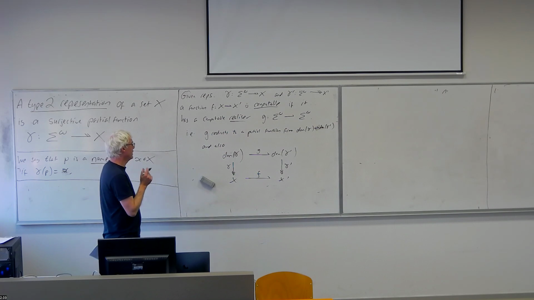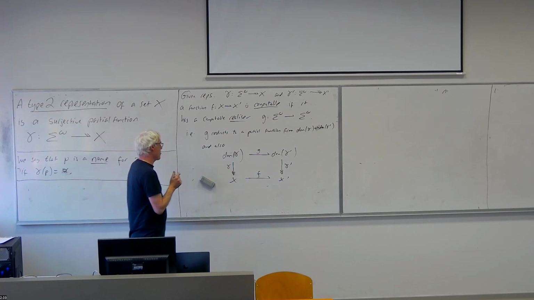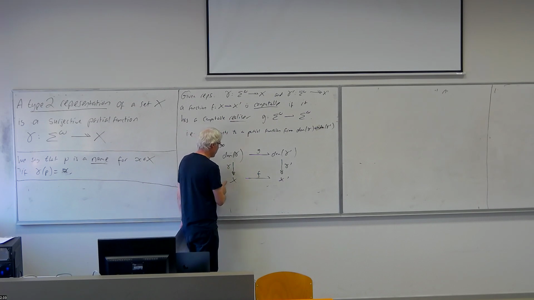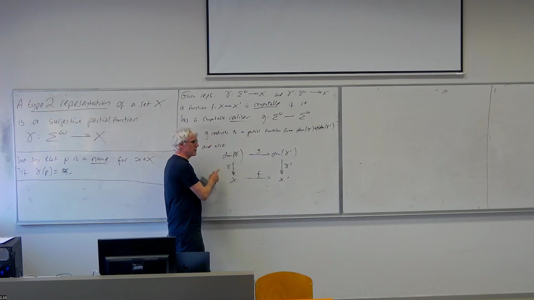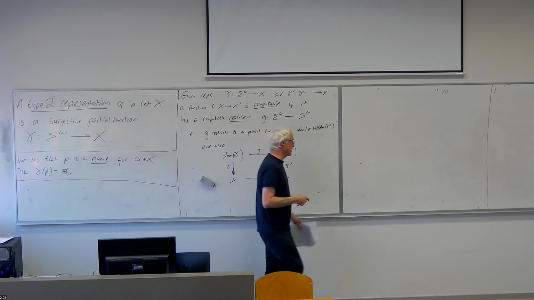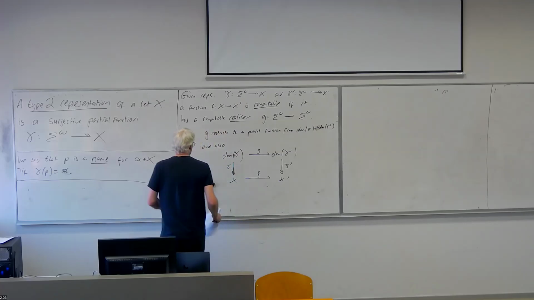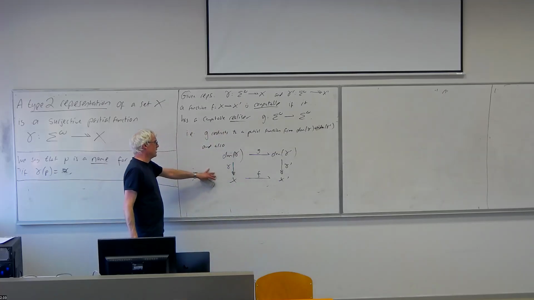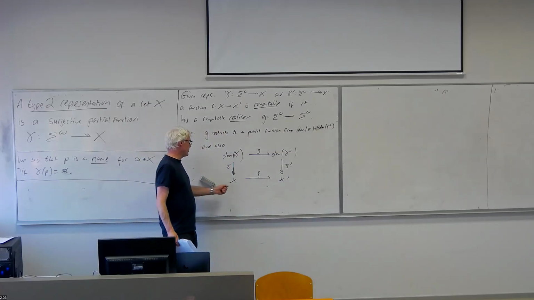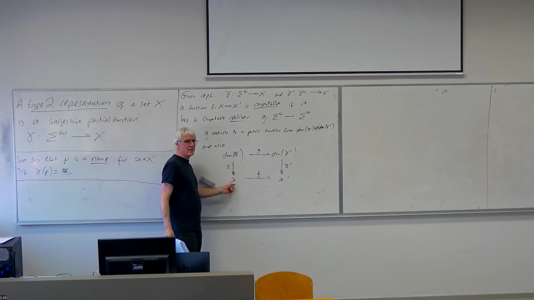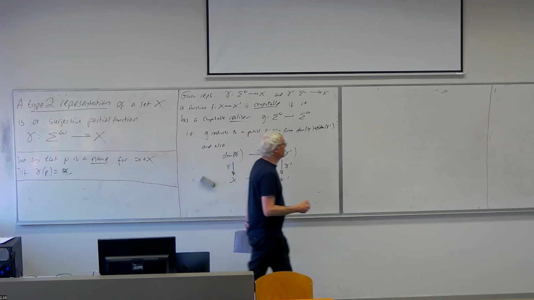There is one thing that is of interest with respect to type 2 representations that does not occur at all with respect to the original, type 1, representations that we had in lecture 3 and also in the natural numbers representations. And that's that the type 2 representations also give us a notion of what it means for an element of the set X to be computable.